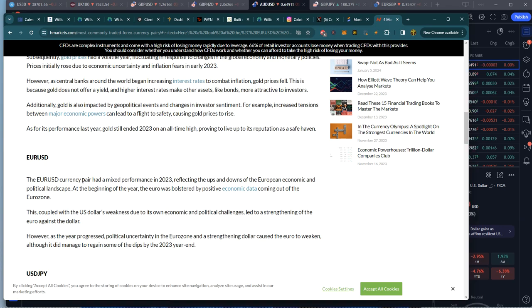At the beginning of the year, the euro was bolstered by positive economic data coming out of the Eurozone. This, coupled with U.S. dollar weakness due to its own economic and political challenges, led to strengthening of the euro against the dollar. However, as the year progressed, political uncertainty in the Eurozone and a strengthening dollar caused the euro to weaken, although it did manage to regain some of the dips by the 2023 year end.